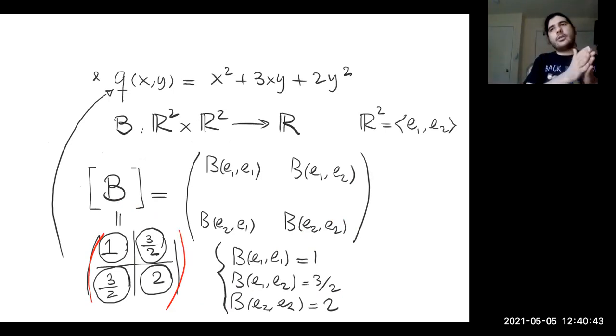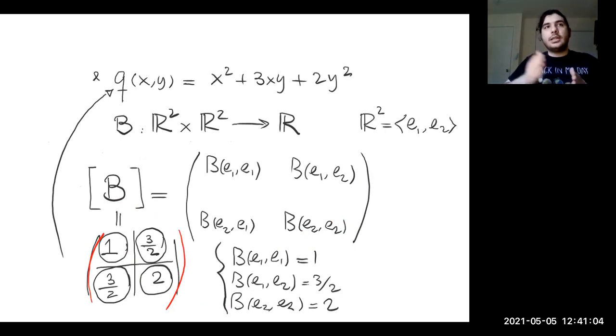So we have a way to go from quadratic forms to bilinear forms, and from bilinear forms to quadratic forms. And note that although we used a matrix, this doesn't depend on the chosen basis.